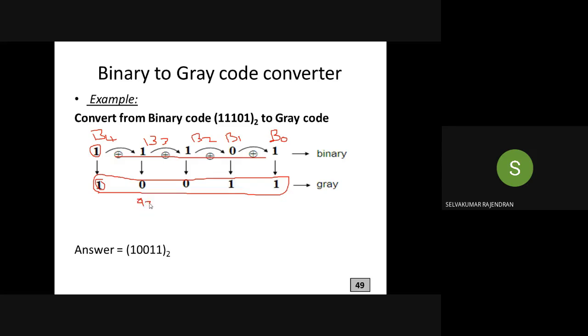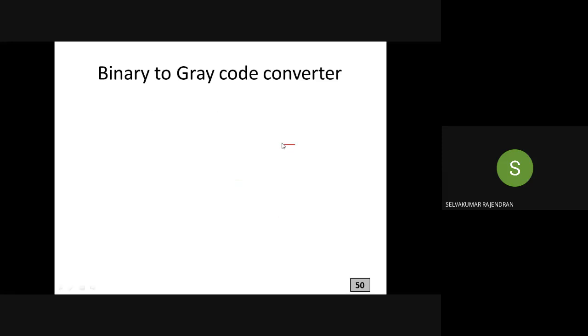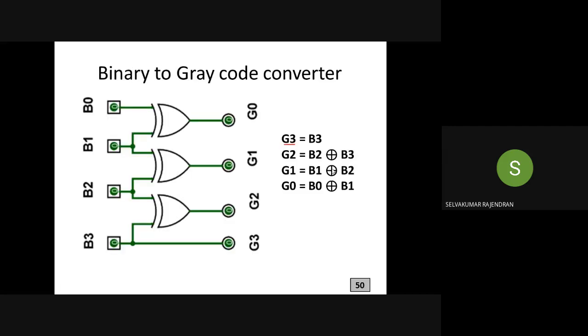G3 will be B4 XOR with B3. G2 is obtained by XORing B3 and B2. G1 is B2 XOR with B1. G0 is B1 XOR with B0. Like that, we have the Boolean expressions.